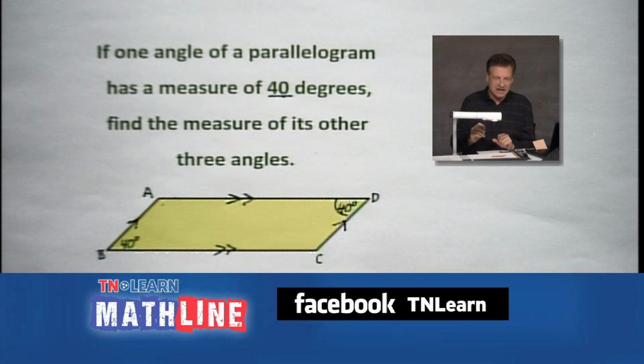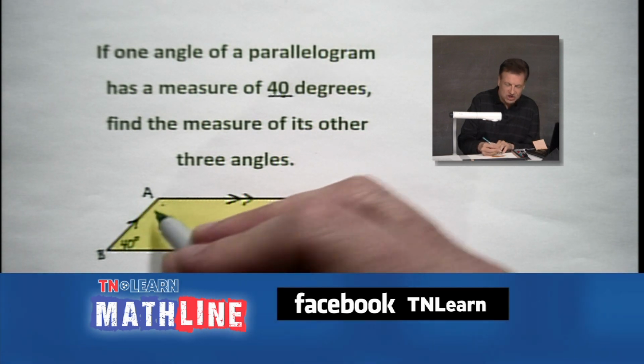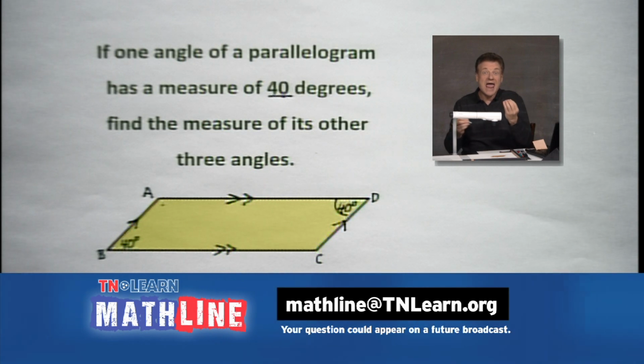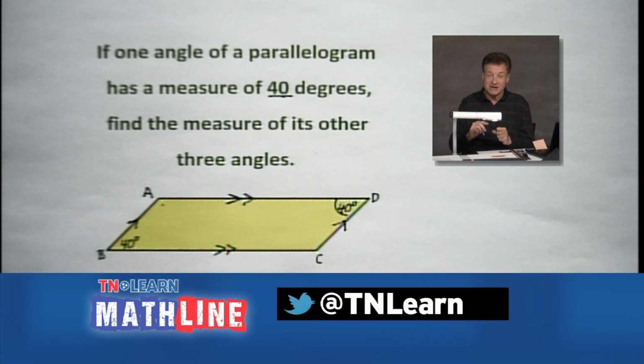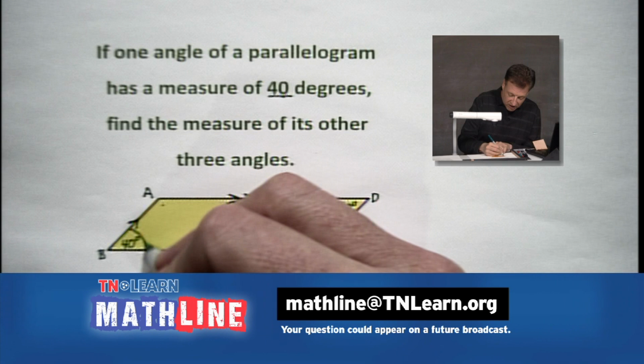And what we need is to find what degree angle comes from having the parallel lines. We've already got parallel lines established. It's a parallelogram. That's not what we're trying to show. So here we go. We've got 40 degrees. We've already marked it right there.